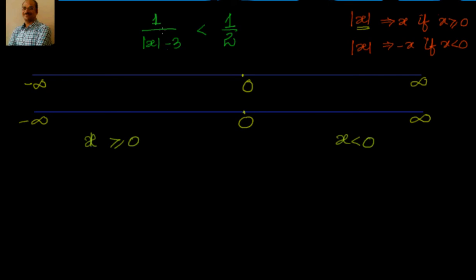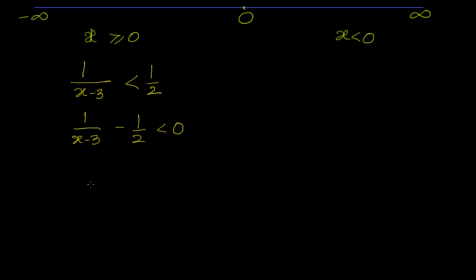So first, 1 by mod of x will be x only, because x is greater than or equal to 0. So I'll have 1 by x minus 3 less than 1 by 2, or 1 by x minus 3 minus 1 by 2 less than 0. If I simplify that, I will have 2 minus x plus 3 over 2 into x minus 3 less than 0.